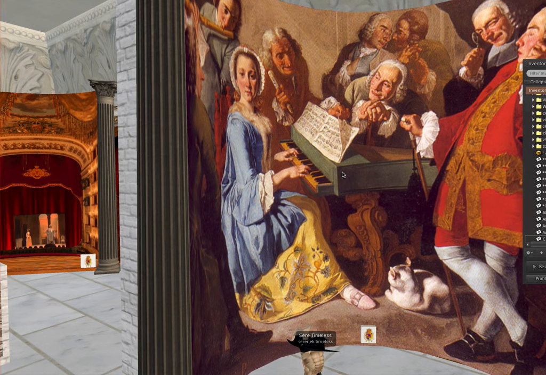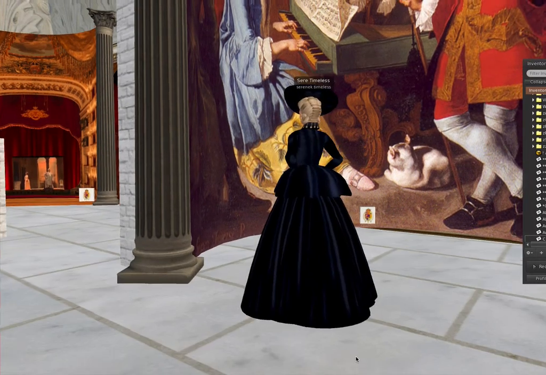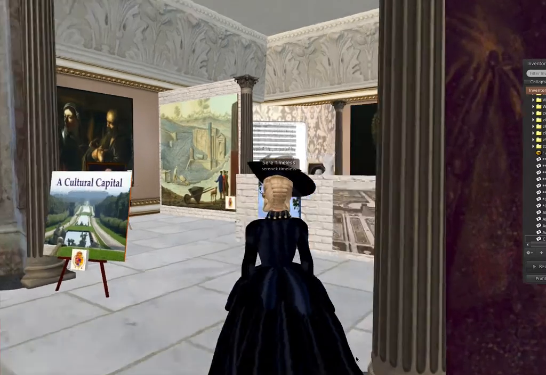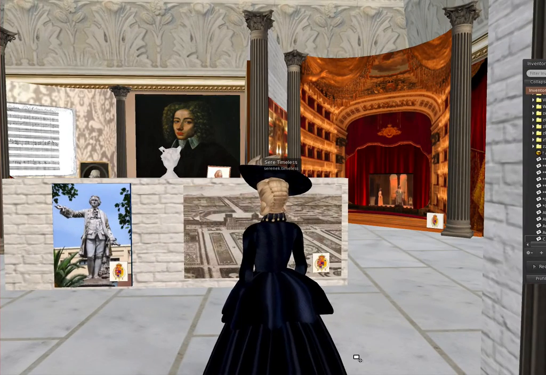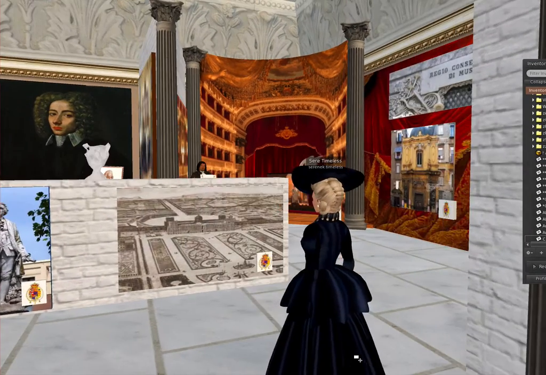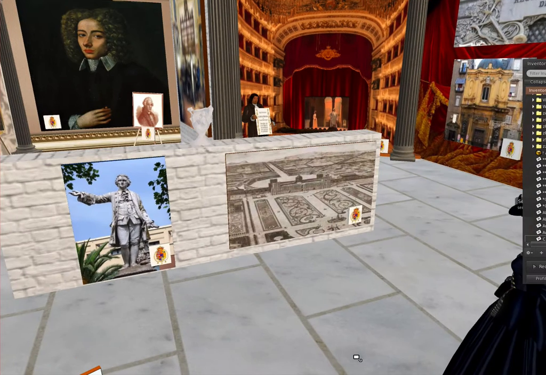Here we have some information on music, and we could get ourselves another note card or information by touching the little sign here at the base of this particular illustration. On this wall, we talk about the architecture of Naples during the late 18th century and some of the important architects that were responsible for it.